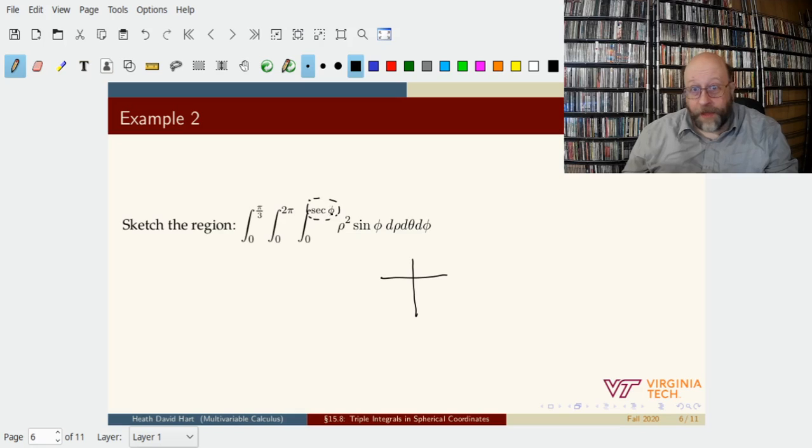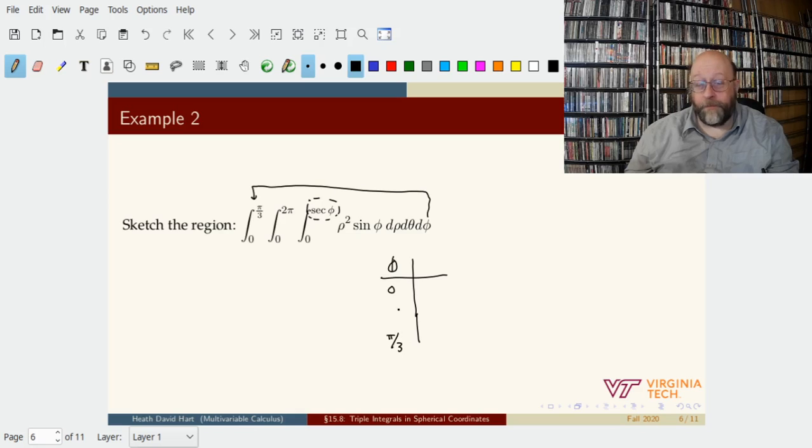One of the things I notice, though, is that this is secant of phi, and the outer limits here tell me that phi only goes from 0 to pi over 3. So I only need values that go between 0 and pi over 3 in my table. So I might include pi over 6 and pi over 4.